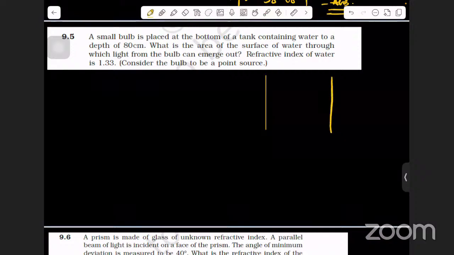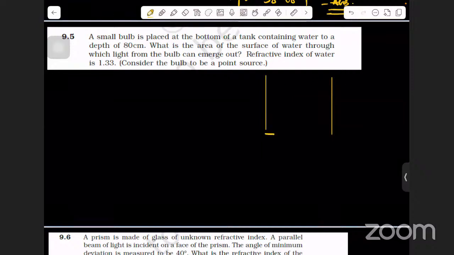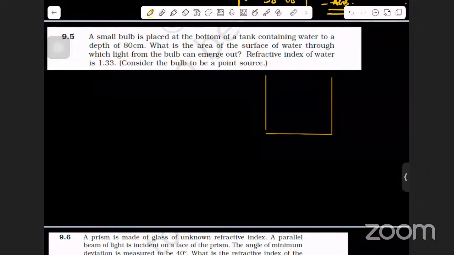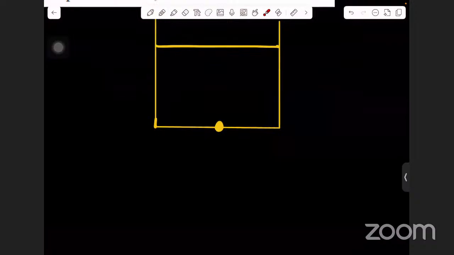I have a tank of water. From this tank of water, I have a bulb over here. I have water. So imagine this is the vertical line.